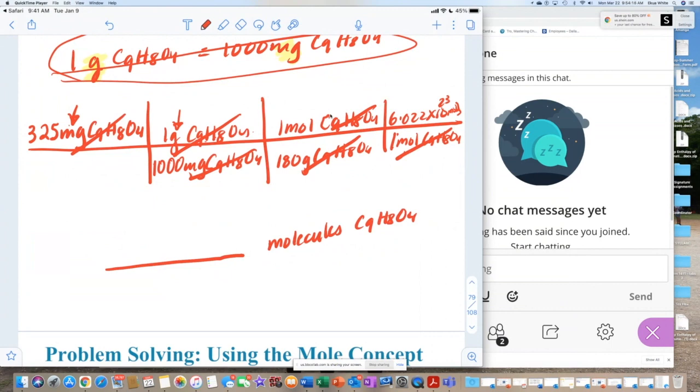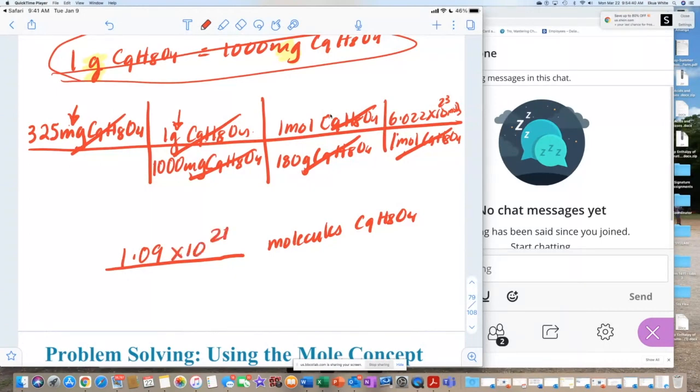Times (6.022 × 10^23) divided by 1000, divided by 180, and I get 1.09 times 10 to the 21 molecules.